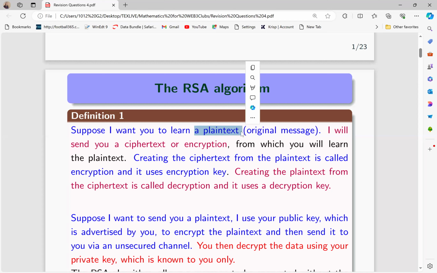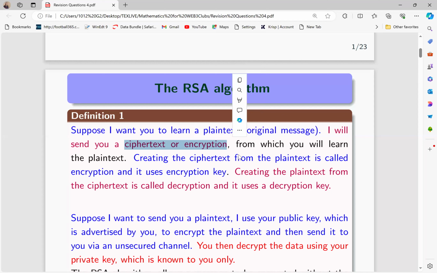I don't send you the plain text. I encrypt it, writing it in a format that any intruder cannot understand. So what I send you is a ciphertext, or we can call it an encryption.